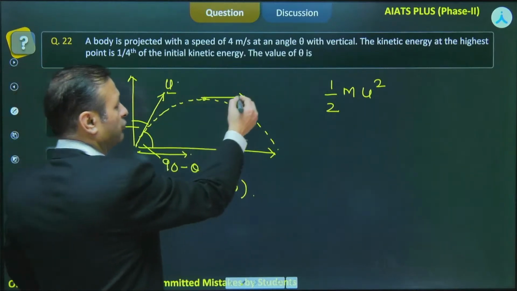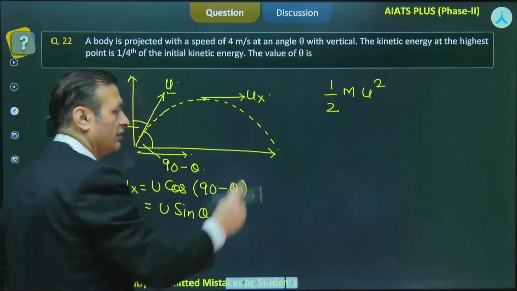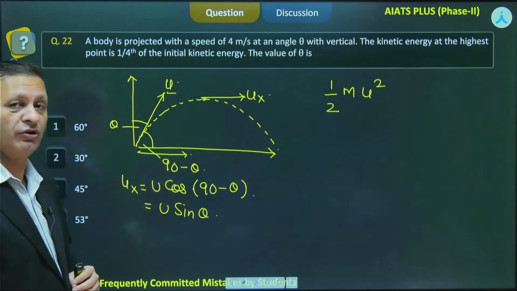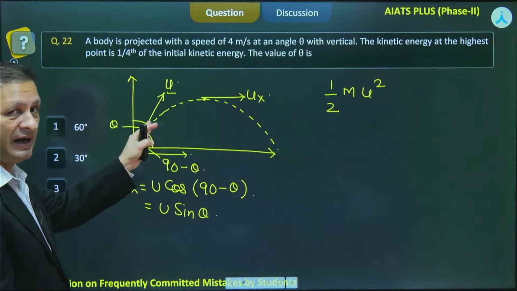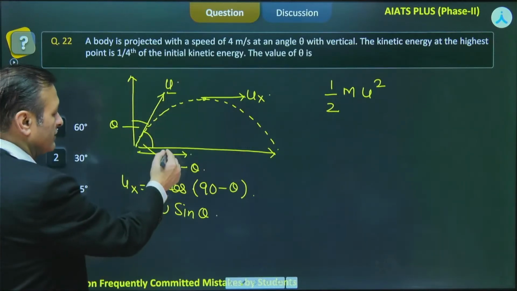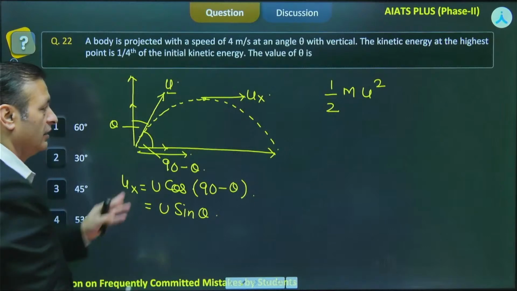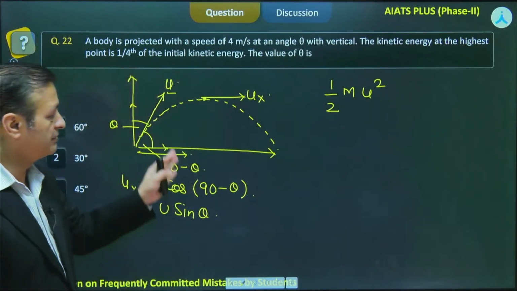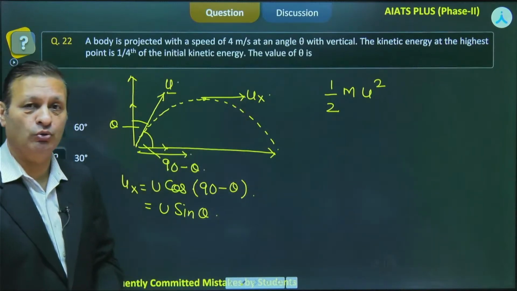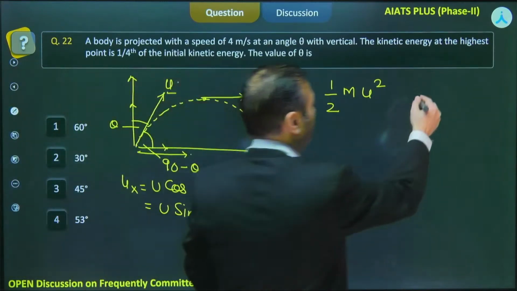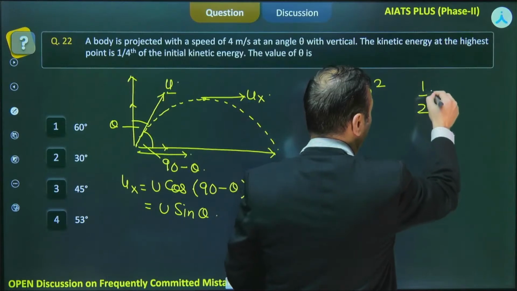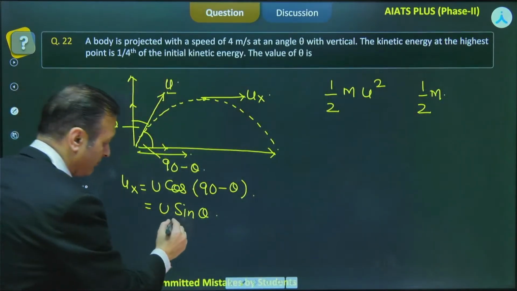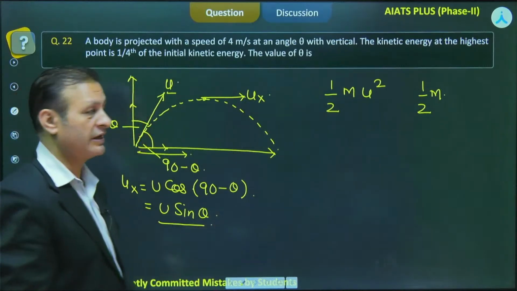What is the speed at this position? That remains as ux only. You got it or not? Initially the particle has both the components ux as well as uy. But the moment the particle reaches its maximum height, its speed is ux only, and kinetic energy at this point is half m ux square, where ux is u sin theta.